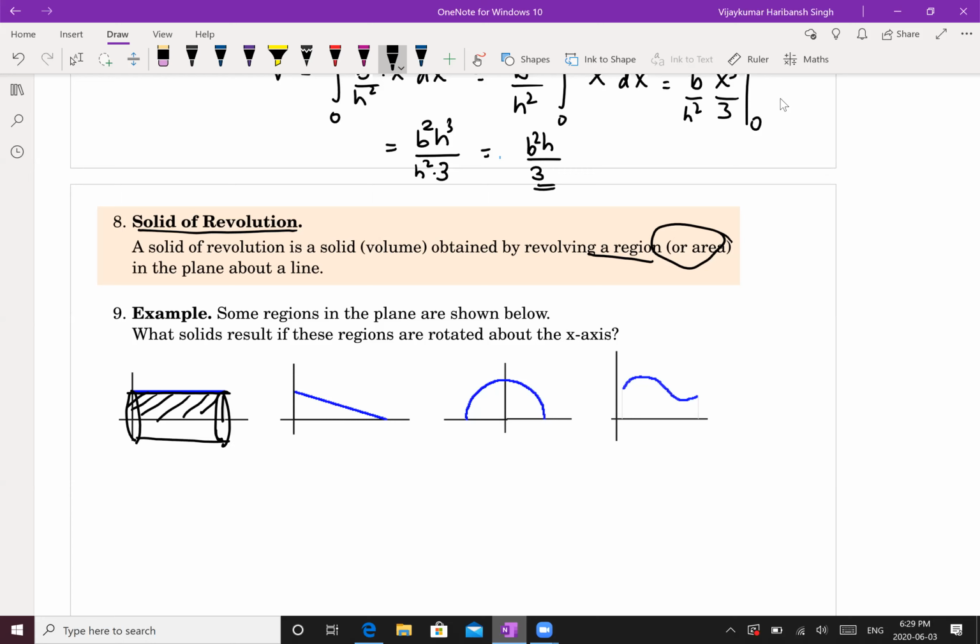I'll get a cylinder, right? If I take this and rotate it around the x-axis, what will I get? I'll get a cone. If I take this region and rotate it around the x-axis, what will I get? A sphere, basically, right?